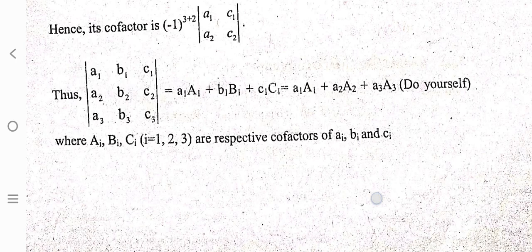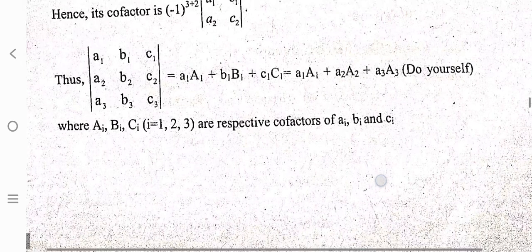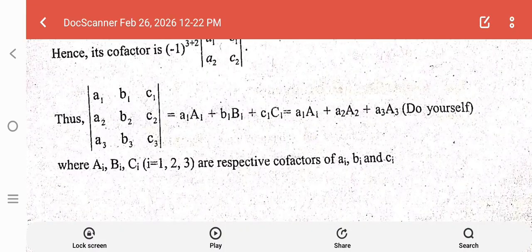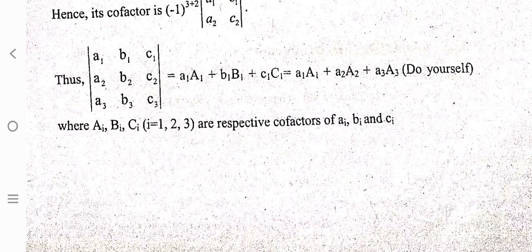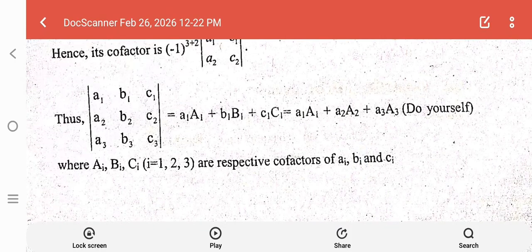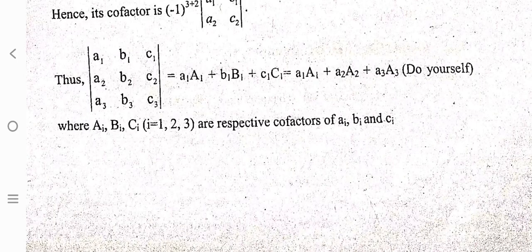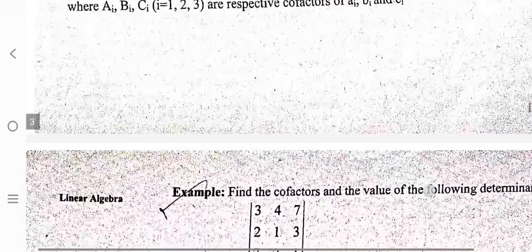Also we can write small a1 times capital A1 plus small a2 times capital A2 plus small a3 times capital A3, where Ai, Bi and Ci are the respective cofactors of small ai, small bi and small ci, where i equals 1 to 3, right? The capital letters denote the cofactors, and the small ai, bi and ci are the elements of our determinant, right?